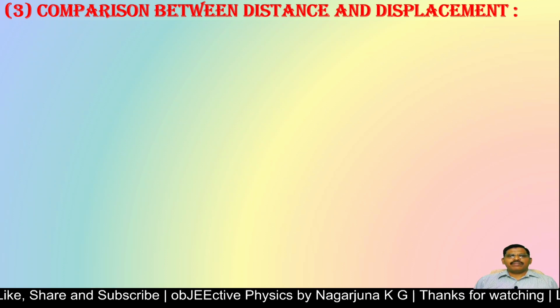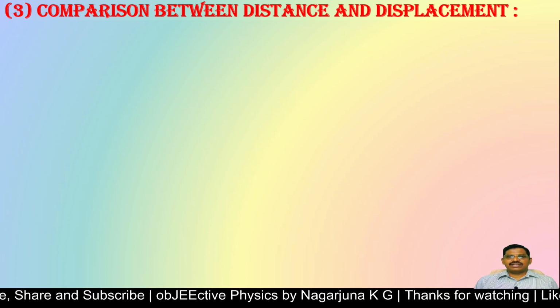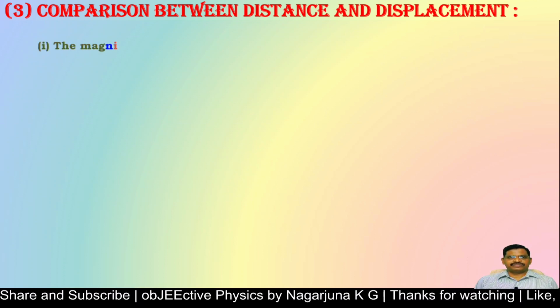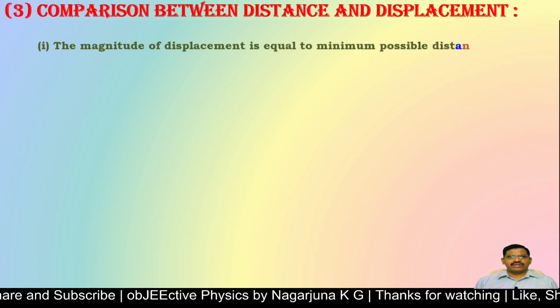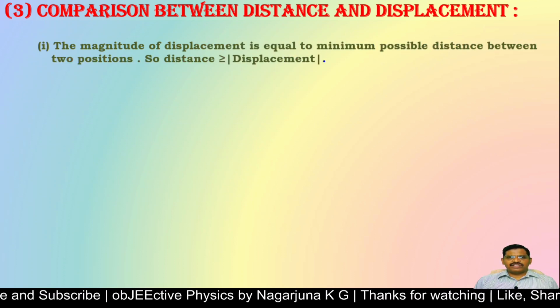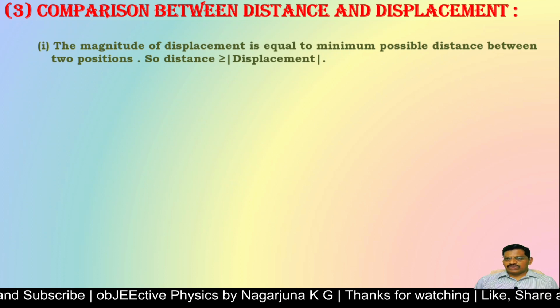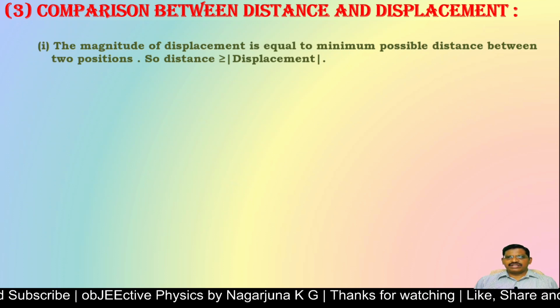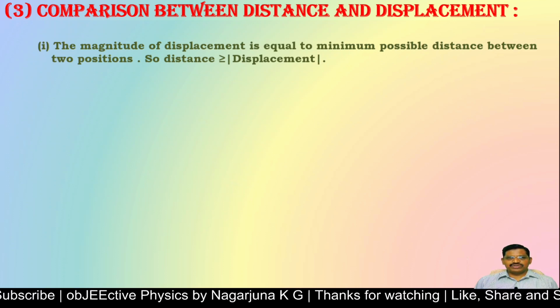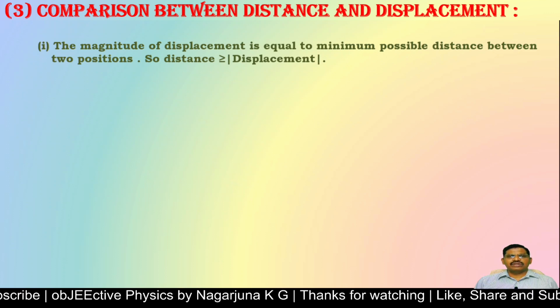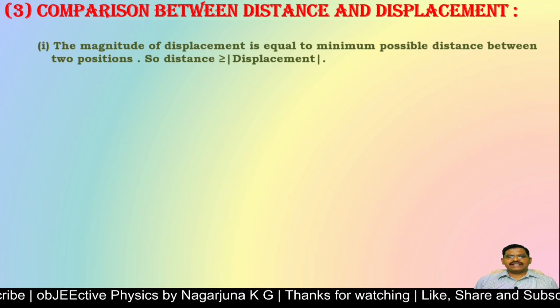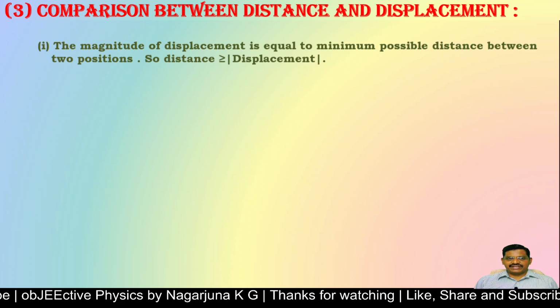Next one, comparison between distance and displacement. First point, the magnitude of displacement is equal to the minimum possible distance between two positions. So distance is always greater than or equal to displacement.